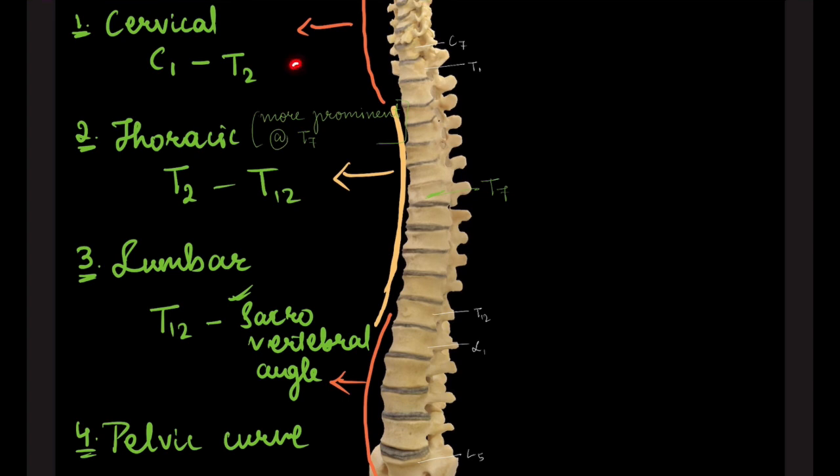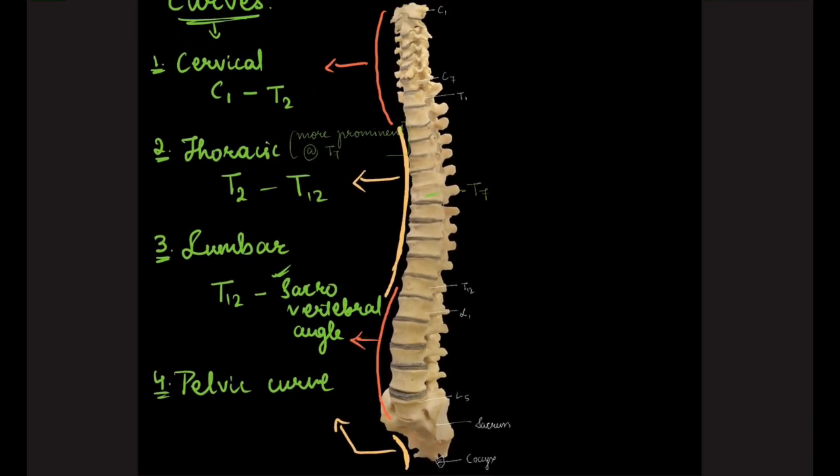Okay, cervical is first cervical to second thoracic. The thoracic curve is from second thoracic to 12th thoracic. The lumbar curve is from 12th thoracic to the sacrovertebral joint angle, and then the pelvic curve is formed by the sacrum and coccyx.